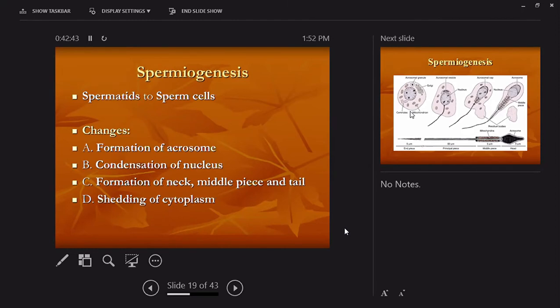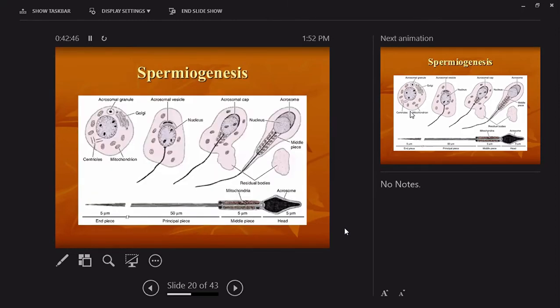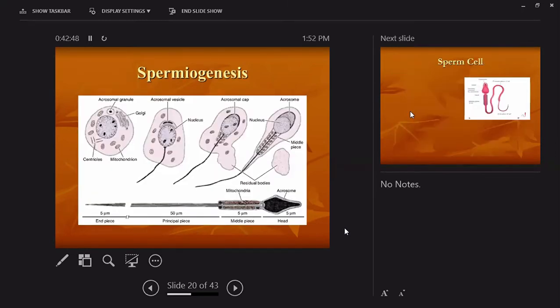There you are, the development. So, the acrosomal granule. You have your Golgi complex, mitochondrion, centrioles, all the things that you need for development. And then you have the acrosomal vesicle. You find the nucleus getting smaller, still rounded.